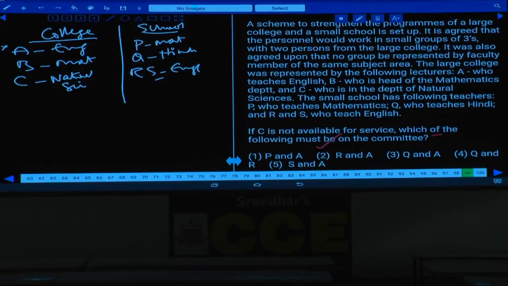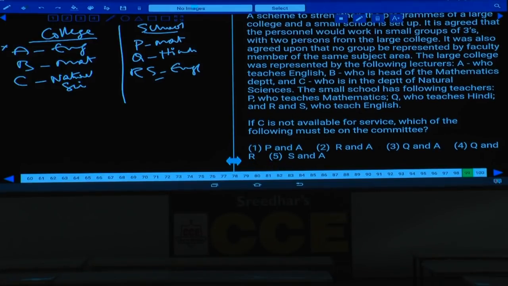Then coming to question number 99. If C is not available for service, then who are the persons? A and B from the college. A is from English and B is from mathematics. As A is from English, R and S cannot be in that group because R and S also teach English.